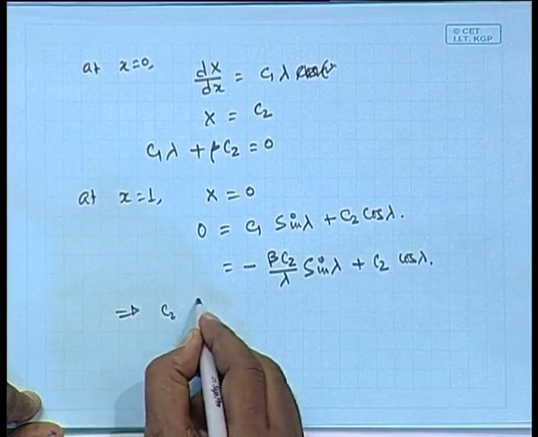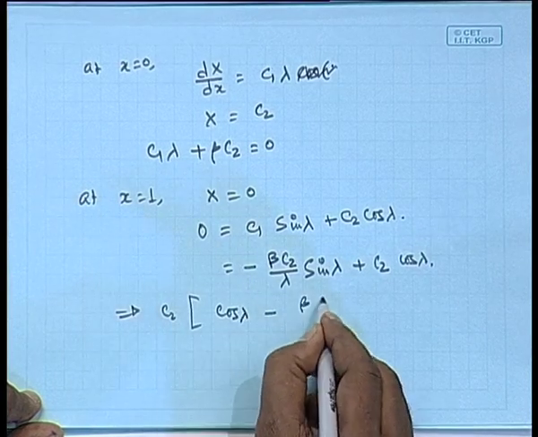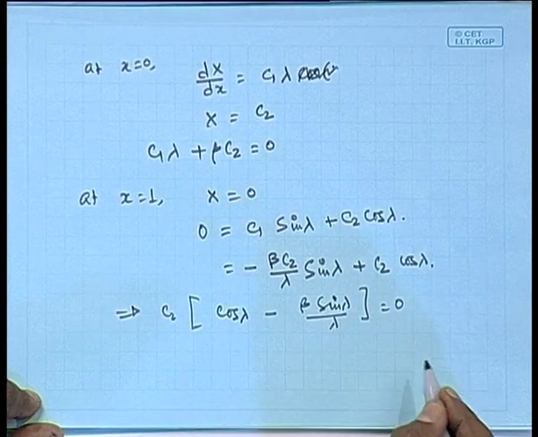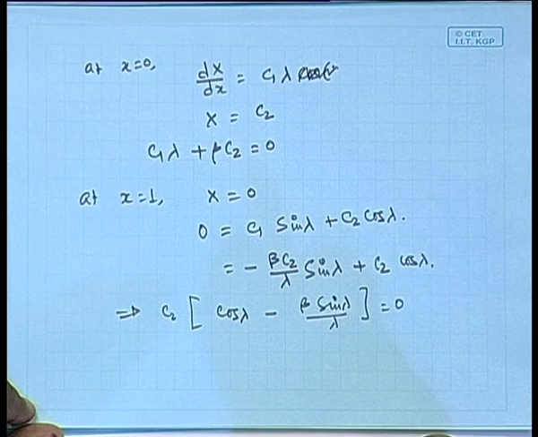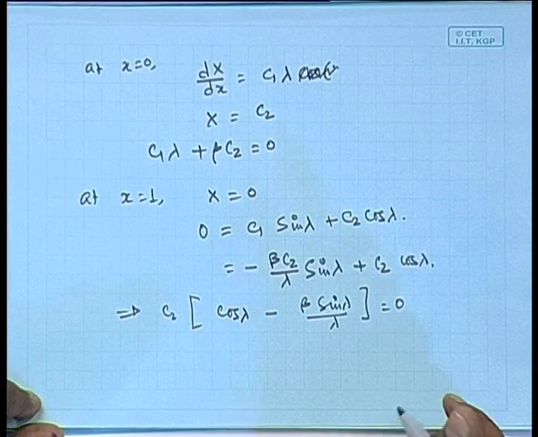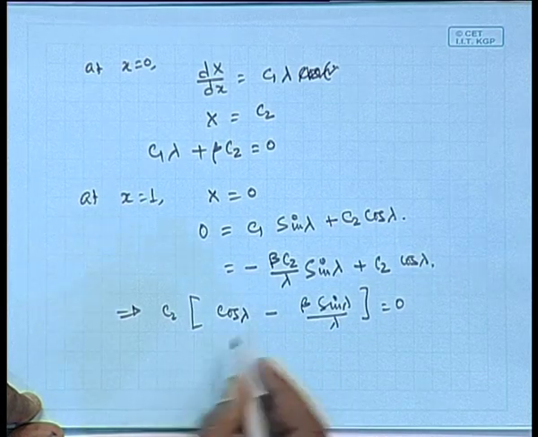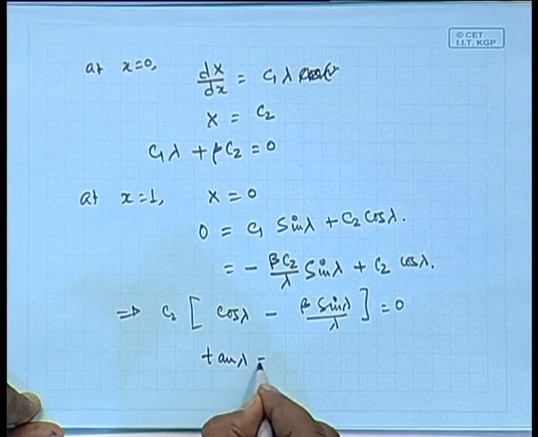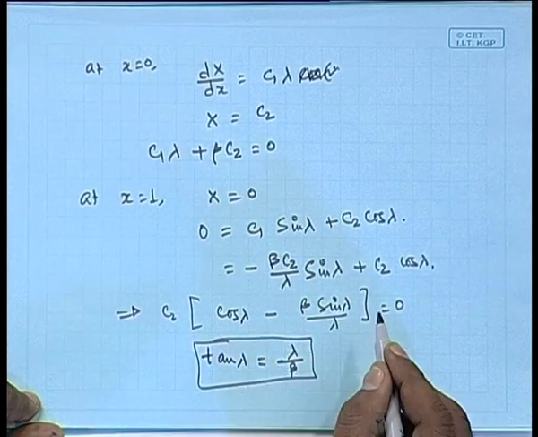Take C2 common: cosine lambda minus beta sin lambda by lambda. For a non-trivial solution, you will again have tan lambda equal to lambda by beta, a transcendental equation.